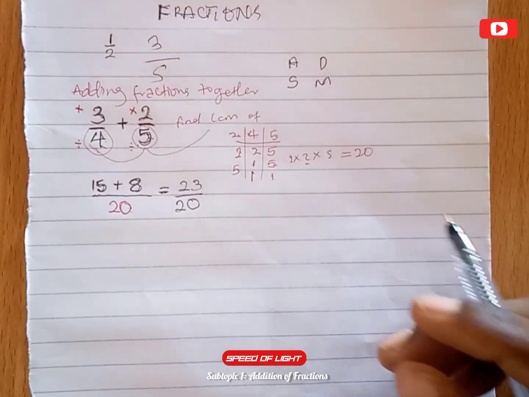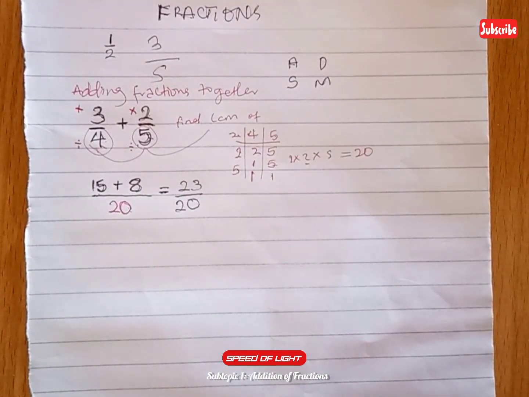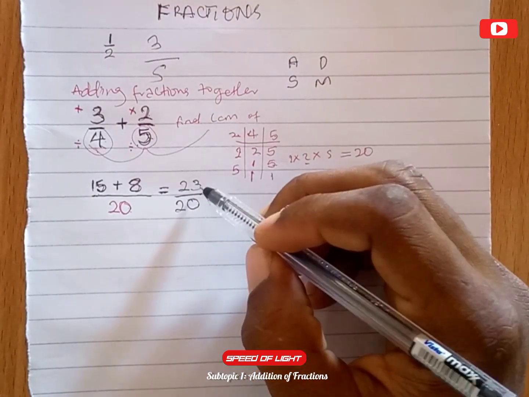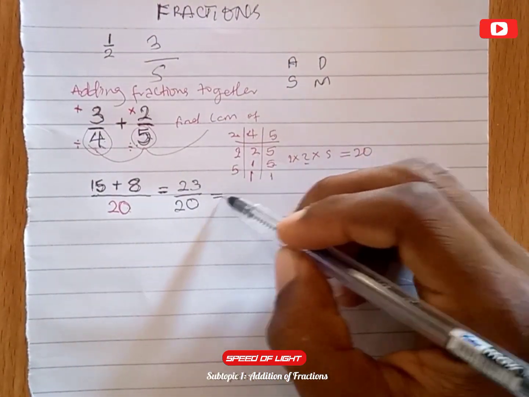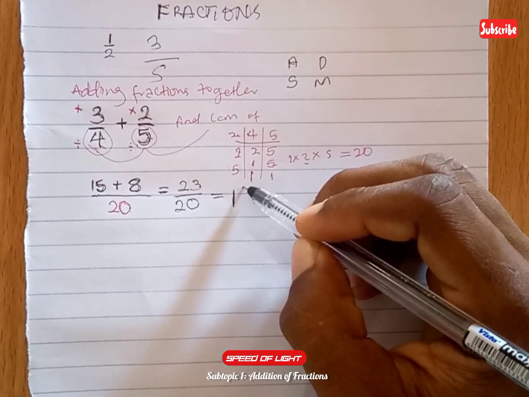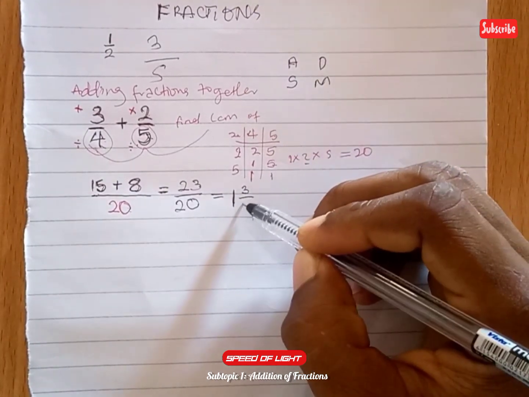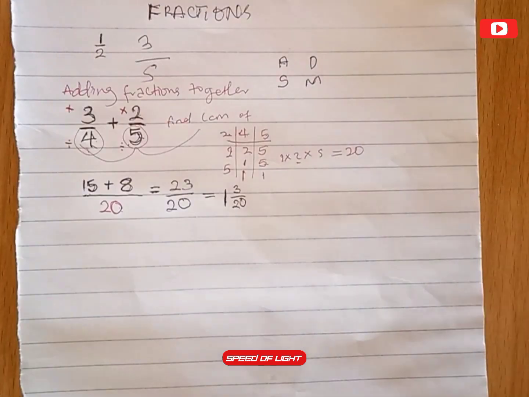Did you see that? So we have successfully found the answer. But if they ask you to leave your answer in simplified form, when 20 goes into 23, it gives us 1, remaining 3 over 20. We're using division.